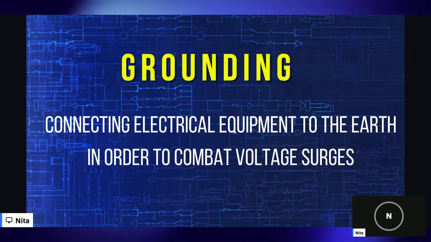How do we do that when the receptacle is in our upstairs bedroom and we got our panel downstairs in the basement? Bonding. So for grounding, we've got system and we've got equipment grounding. We use green or bare copper wires for our equipment grounding conductors.